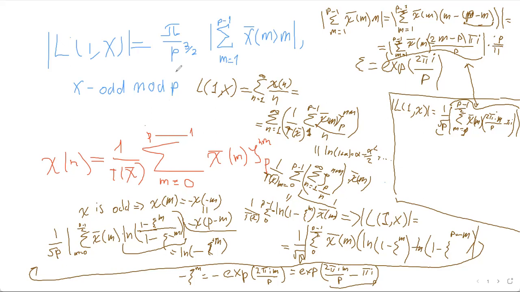Can I write again? You see here, you get plus logarithm, so you get the logarithm of something plus the logarithm of the conjugate thing.